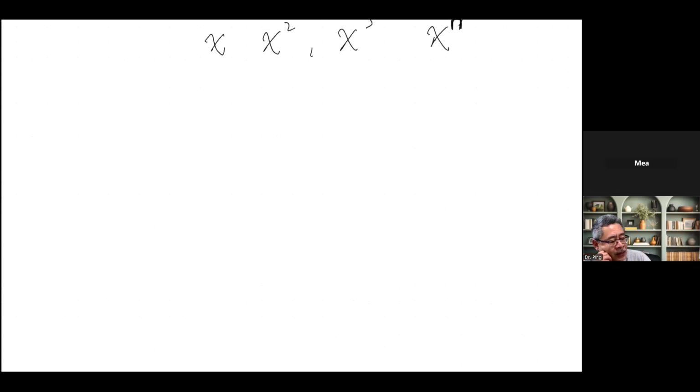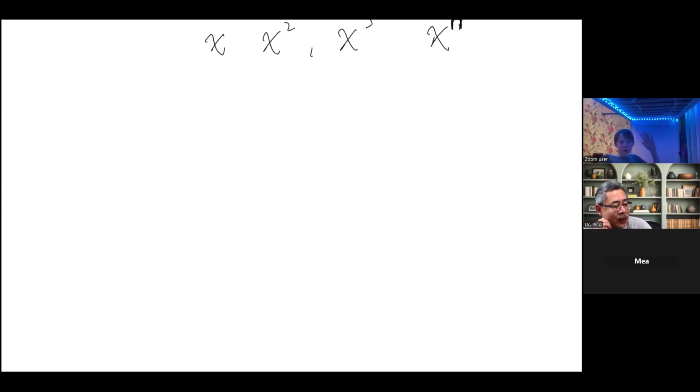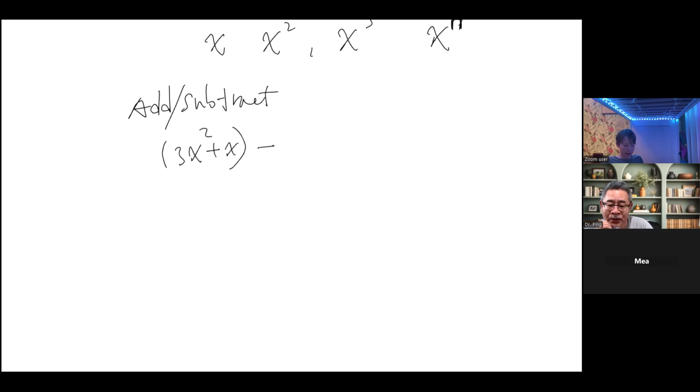All right. On the polynomials, of course, we can add and subtract. Now, for example, 3x squared plus x minus x squared plus 2x.